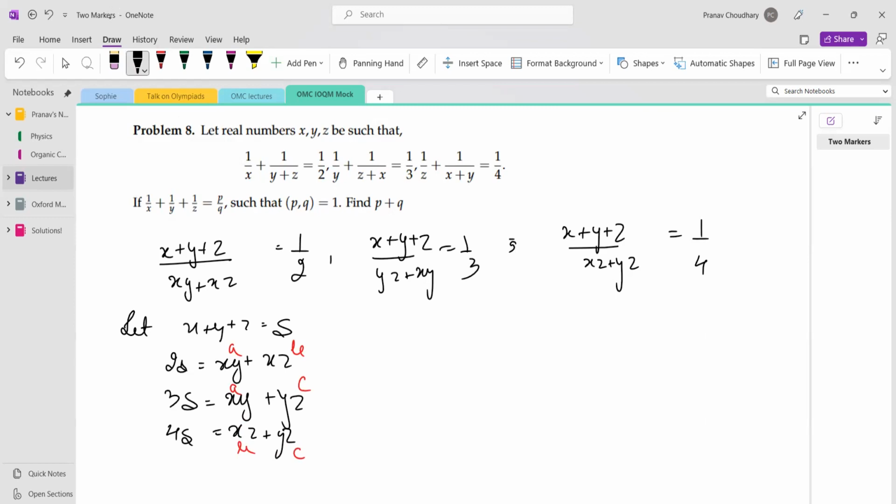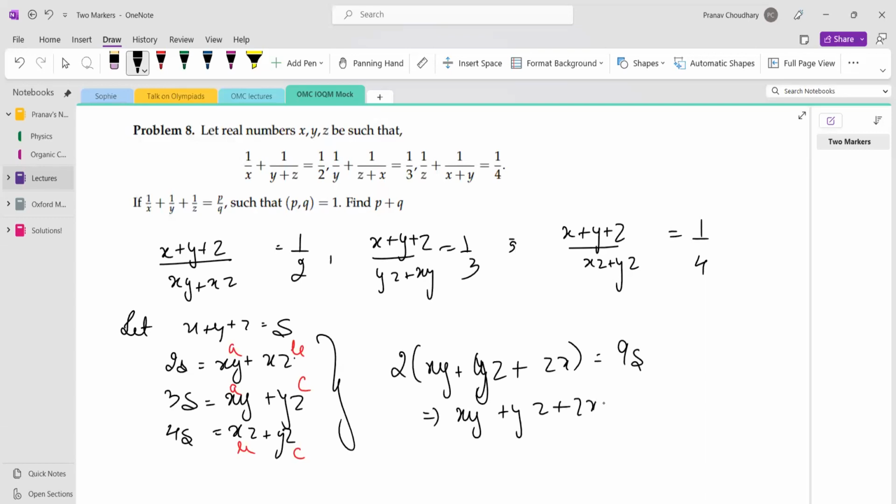So you take the sum of all three things. You get 2 times xy plus yz plus zx equals 9s, which means xy plus yz plus zx equals 9s by 2.